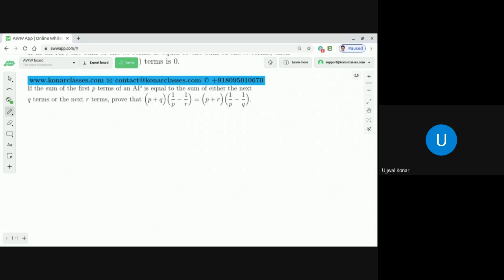According to our convention, let A be the first term and D be the common difference.